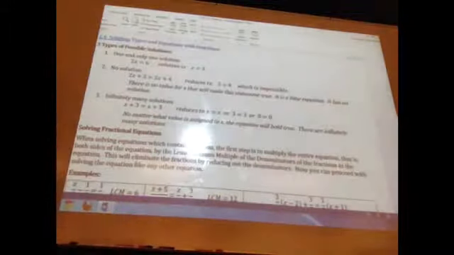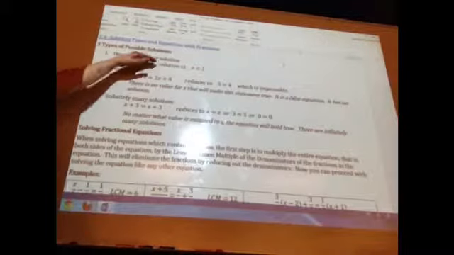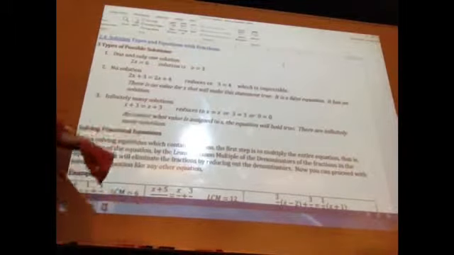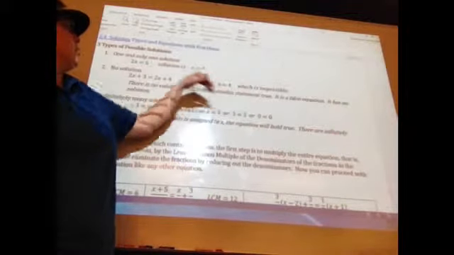So those are our three choices for a one variable, no exponents equation. We either have one and only one solution, or we have something that simplifies to an impossible statement, which means there is no solution. There's no way that equation is true.